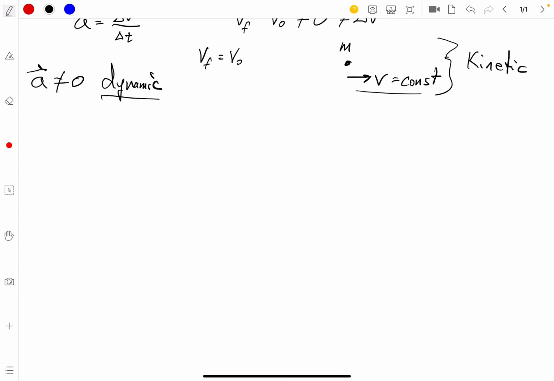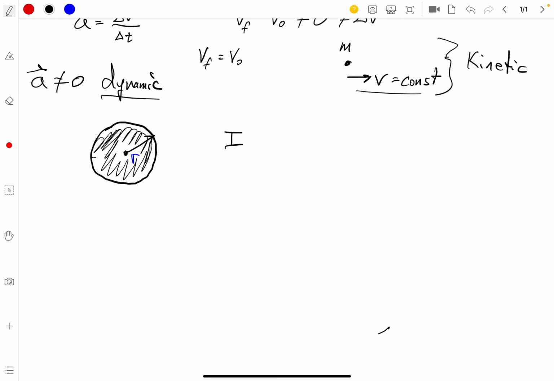Before we move on, though, Newton's first law also has a rotational component. And rotationally, so here's our object. Maybe it's full of stuff, whatever, and it has some radius r, and it has a moment of inertia.